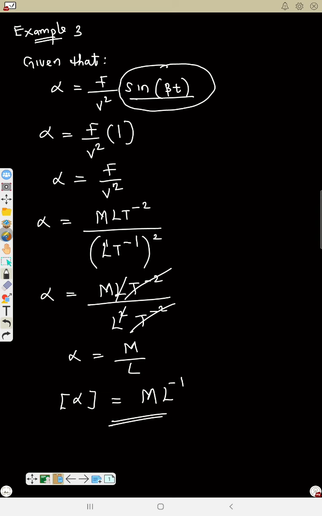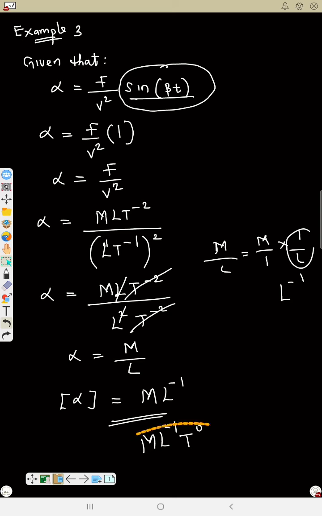M over L is equal to M over 1 times 1 over L, and 1 over L is L raised to power minus 1. If you include time, that means M L raised to power minus 1 T raised to power 0, current is 0, temperature is 0. So the answer to this question is M L raised to power minus 1.